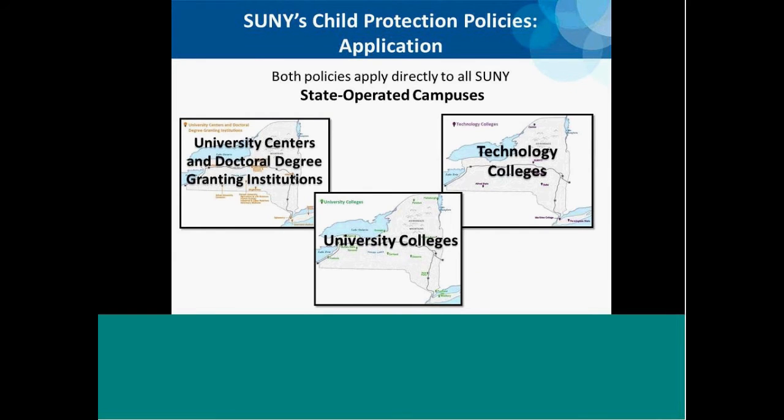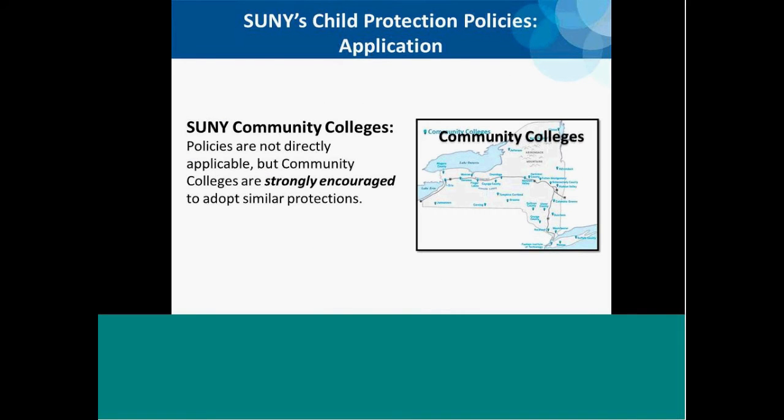Both policies apply directly to all state-operated campuses. This includes the university centers and doctoral degree-granting institutions, the university colleges, and the technology colleges. These two policies are not directly applicable to the community colleges.